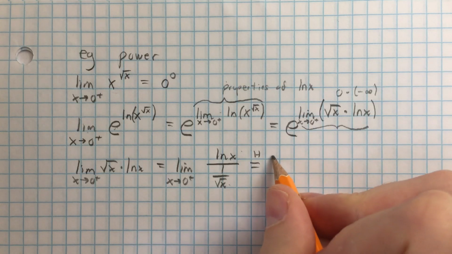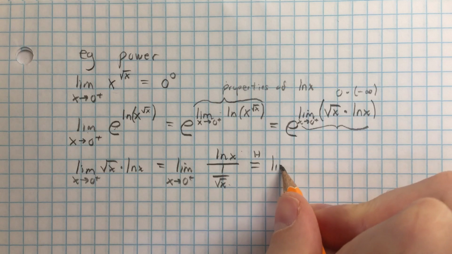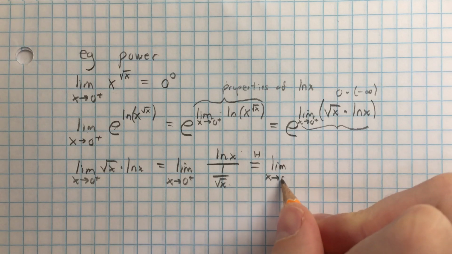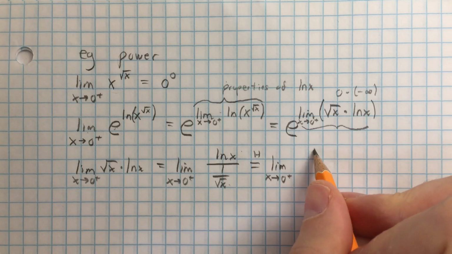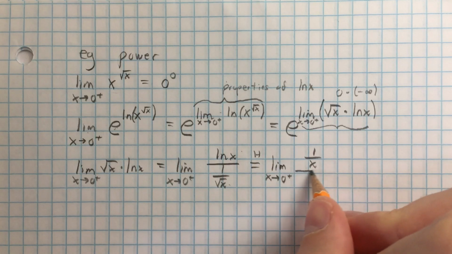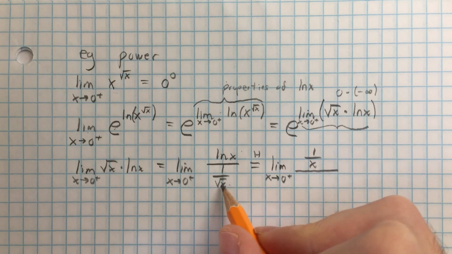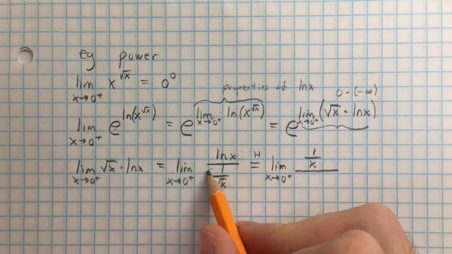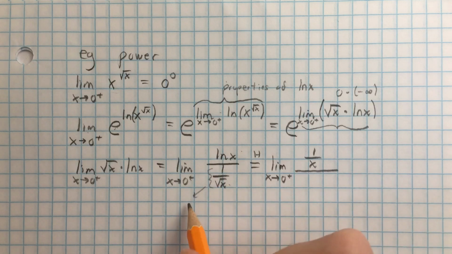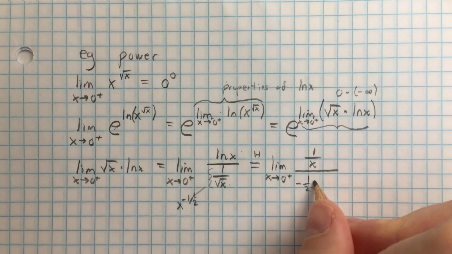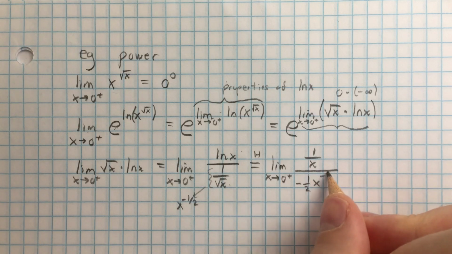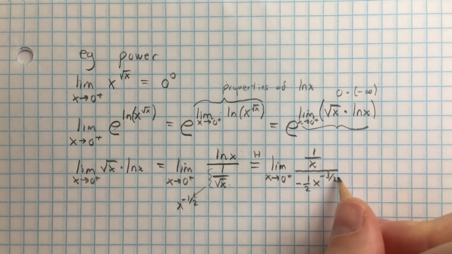So as I apply L'Hopital's rule, I'll have the limit as x approaches 0 from the right of the derivative of natural log, which is 1 on x. The derivative of 1 on root x, I'm going to view 1 on root x as being x to the negative 1/2 and take its derivative. So I would get negative 1/2 x to the negative 3/2.